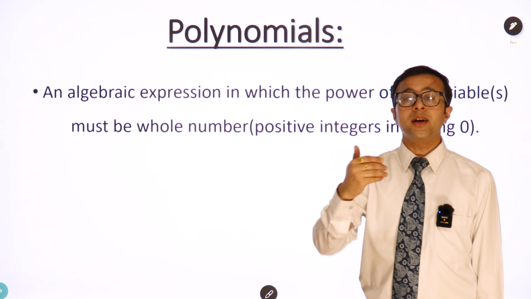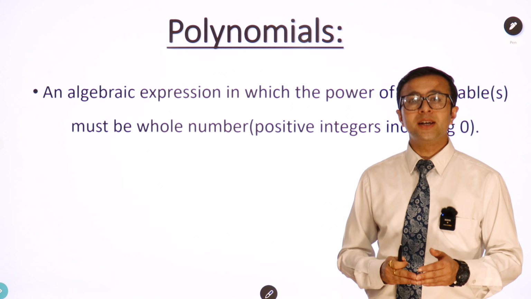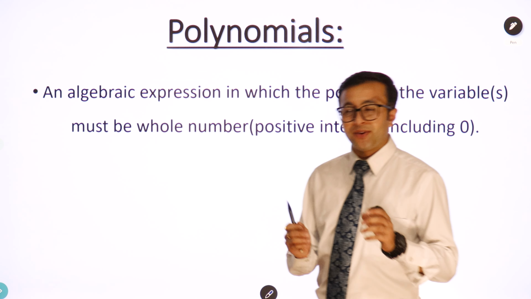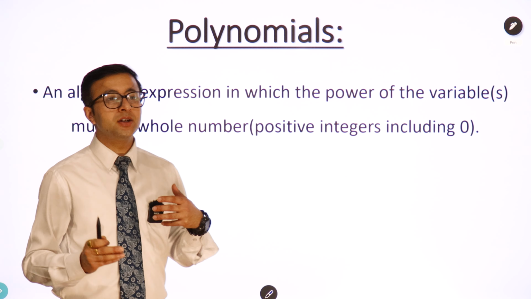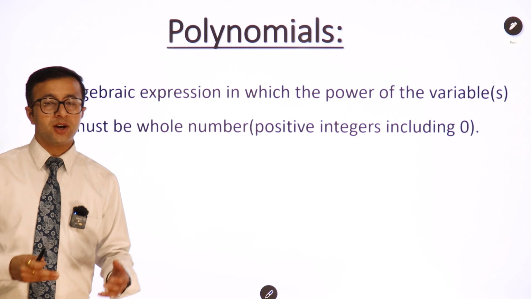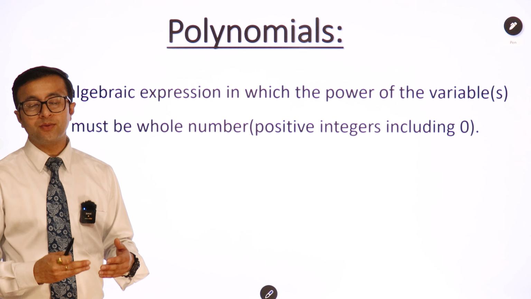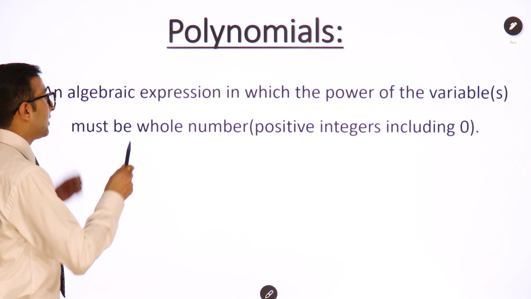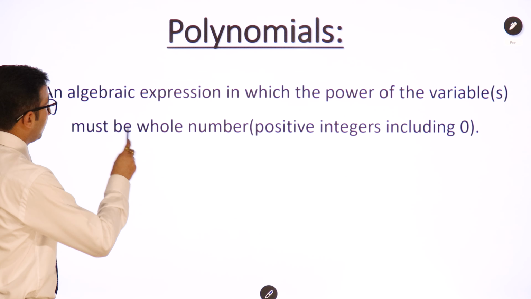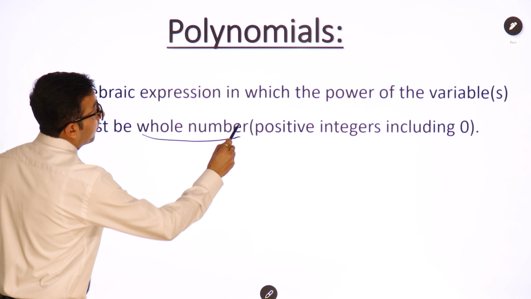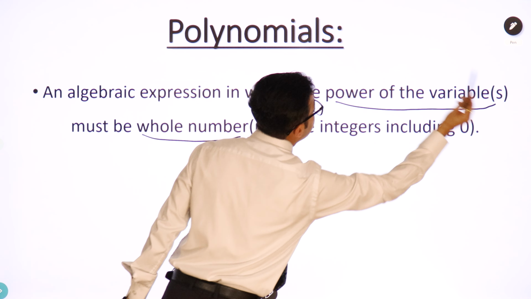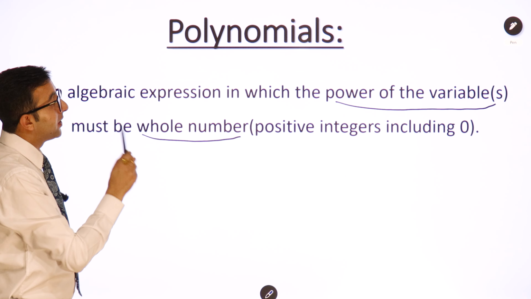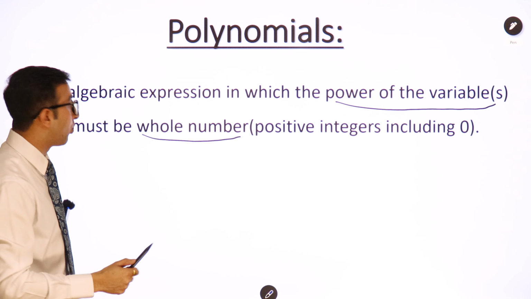Now, what is a polynomial? A polynomial is also an algebraic expression, but there is one condition. For an algebraic expression, we don't need to see the power of the variables. But in case of polynomials, the power of the variable or variables must be a whole number.